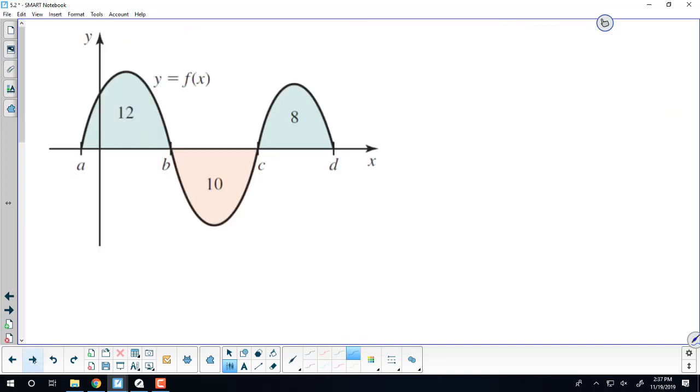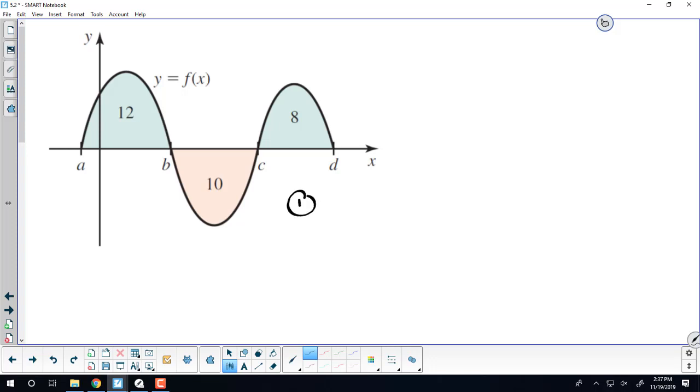Okay. I'm kind of shifting gears a little bit, looking at this particular figure. We're going to answer a couple of questions about it, just so we're kind of putting these pieces together.